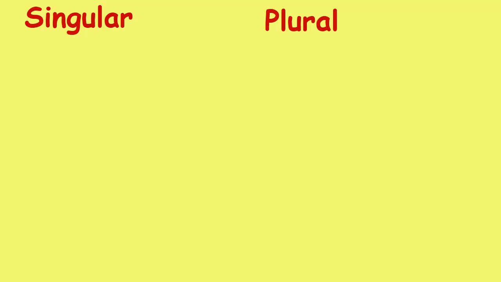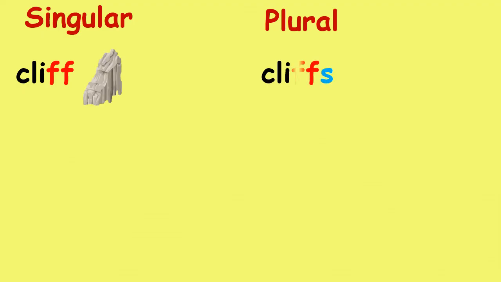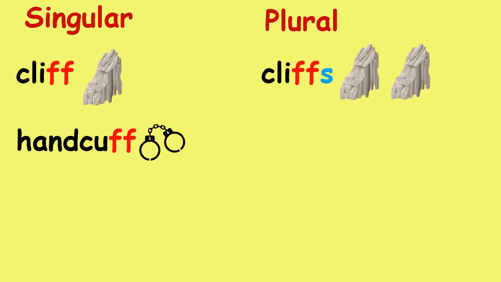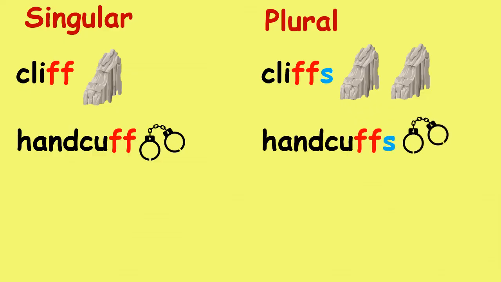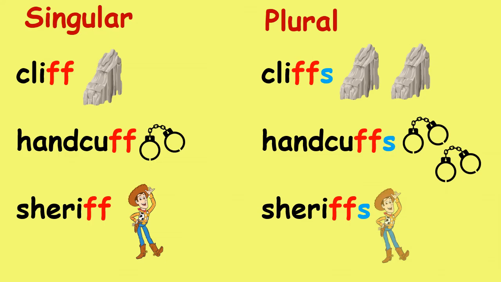Let us look at some more nouns ending in F. Cliff, plural, cliffs. Handcuff, plural, handcuffs. Sheriff, plural, sheriffs. Let us look at the singular form of the noun. Cliff ends in FF. Handcuff ends in FF.